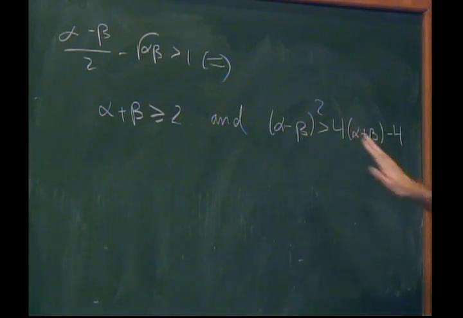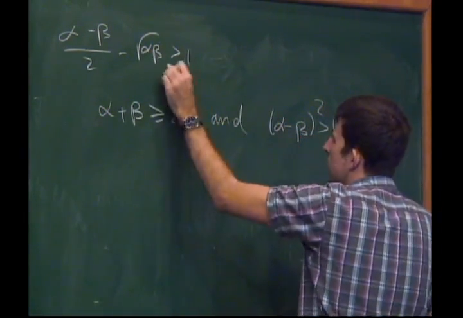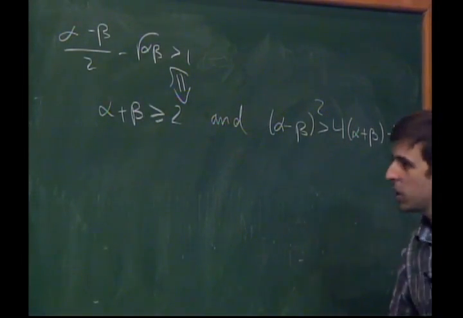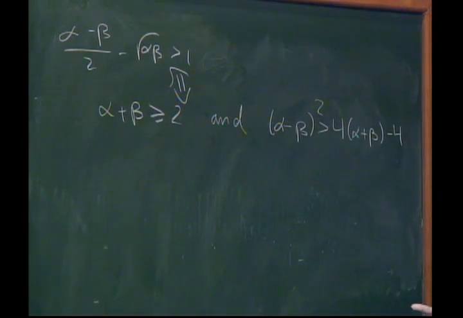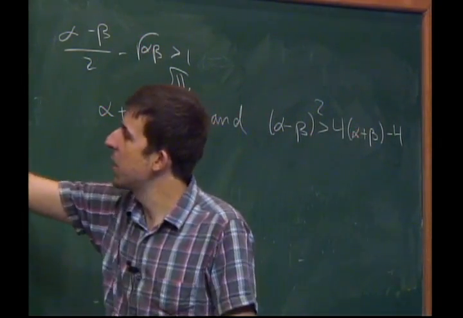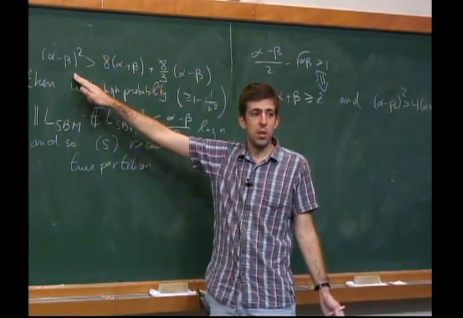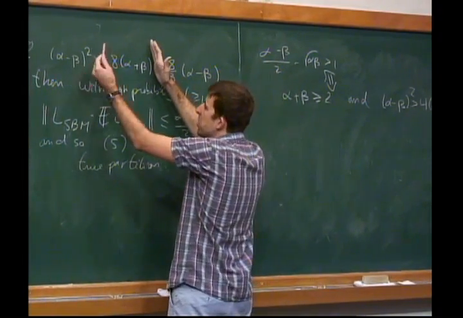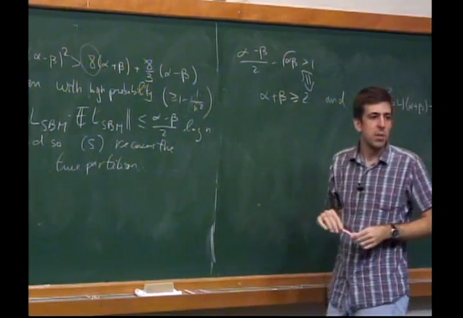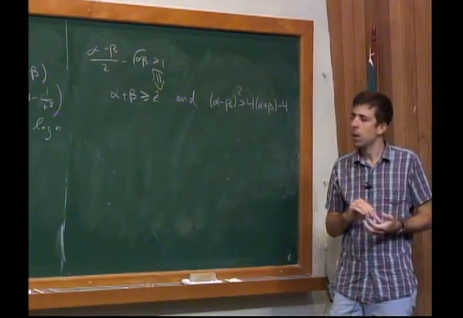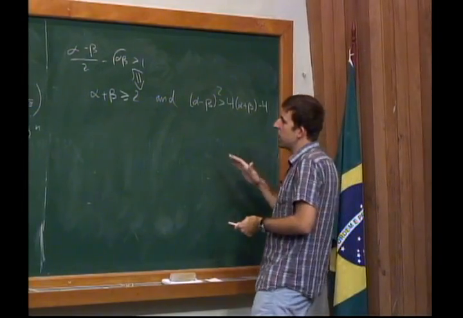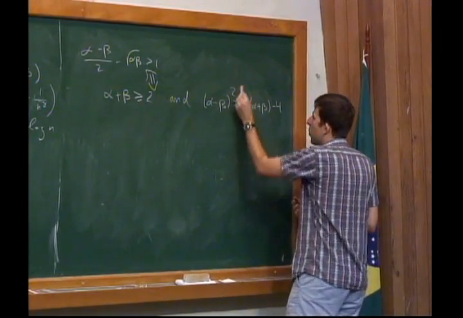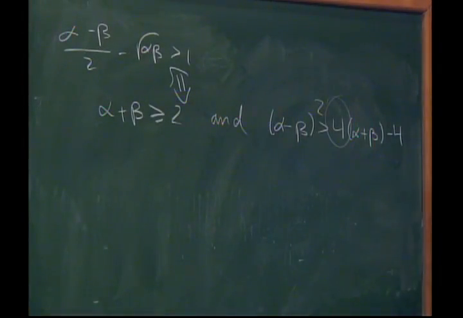So this is equivalent to this. If alpha and beta are fairly close, this is a lower order term relative to this. So essentially, alpha minus beta squared is bigger than 8 times alpha plus beta. The actual optimal result is with a 4. The lower order terms are a bit different, but let's not worry about them for now.